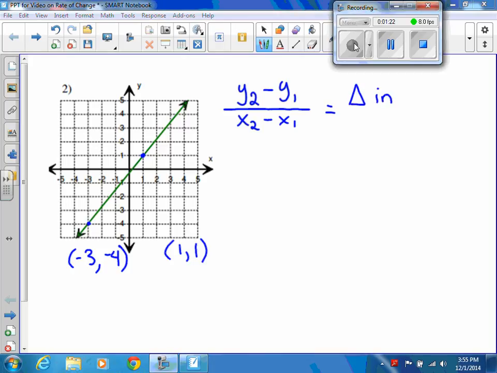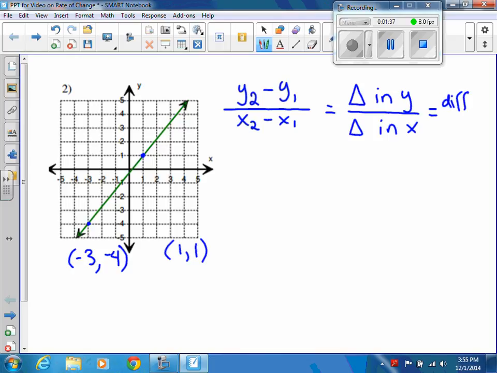You can call it the change in y over the change in x. That triangle just means change. And you might also just see the difference between, so the difference in our y's over the difference in our x's.